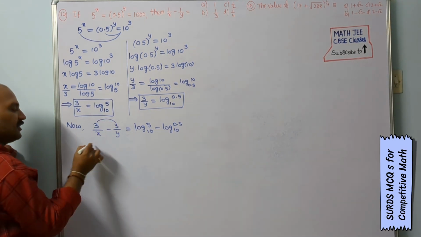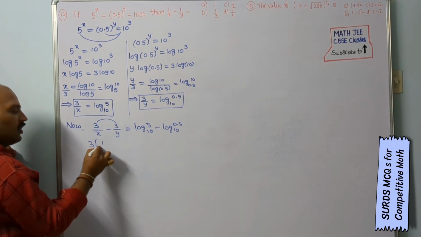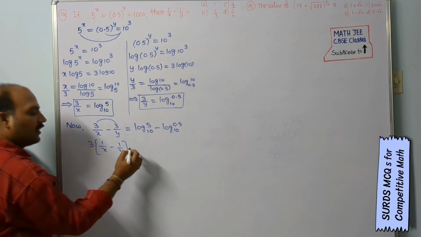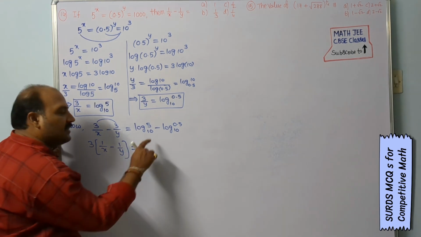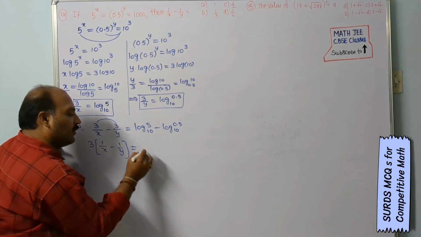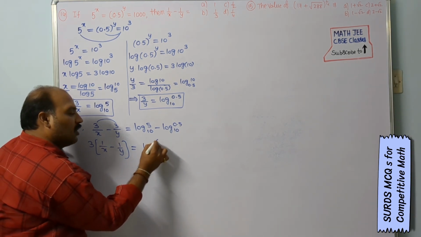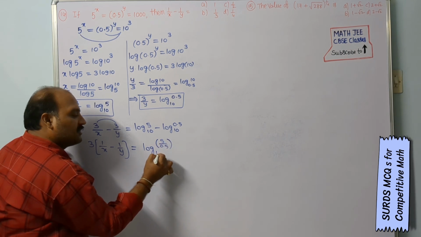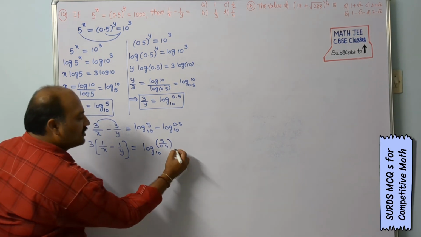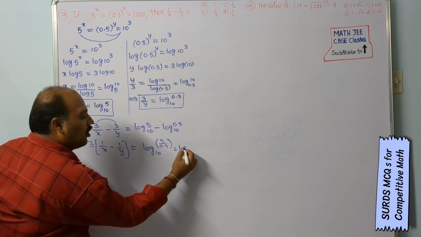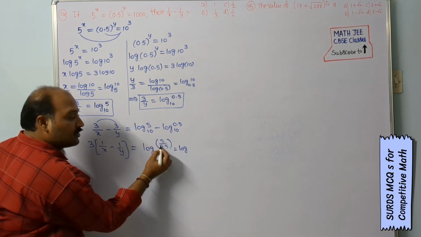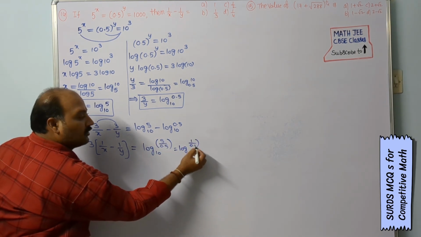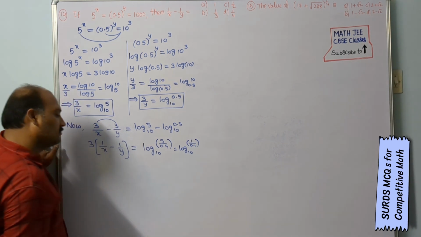From these two, 3 take common. 1 by x minus 1 by y is equal to, bases are same, log a minus log b is log a by b. So log 5 divided by 0.5 to the base 10, which is equal to log 1 by 0.1 to the base 10.